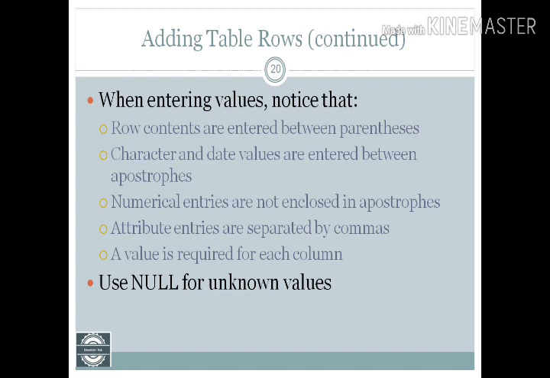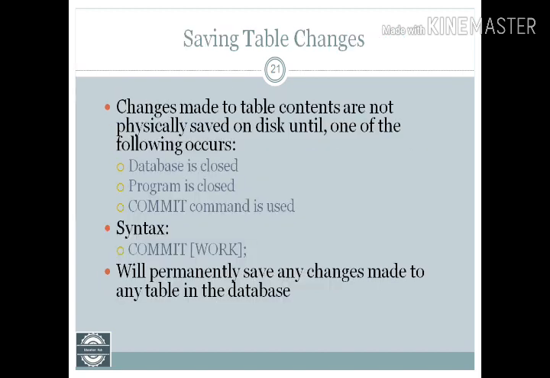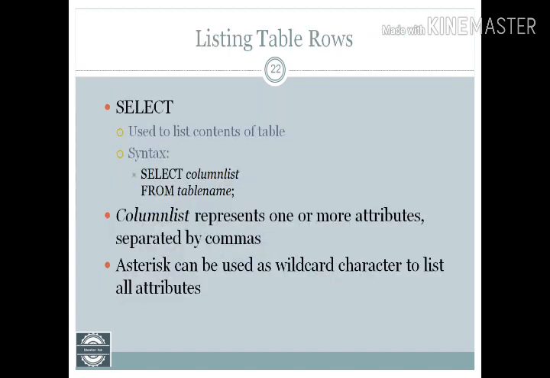Attribute entries are separated by commas and a value is required for each column. These are the points you have to notice. And null values are used for unknown values. There also a space is given, or just a comma and another comma. That means a separate space is allocated, but we are not using that.